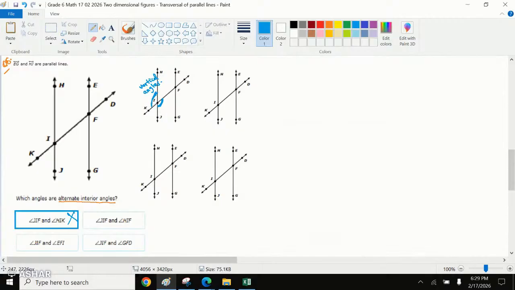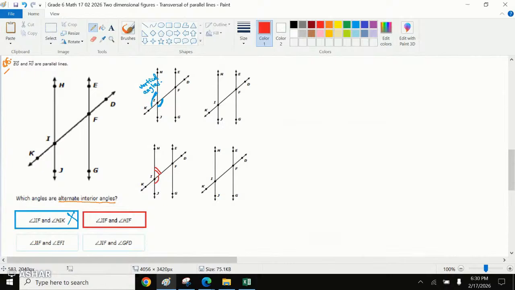Okay. Let's have a look at the next one. For the next option, it says JIF and HIF. We have JIF, one angle, and HIF is this angle.